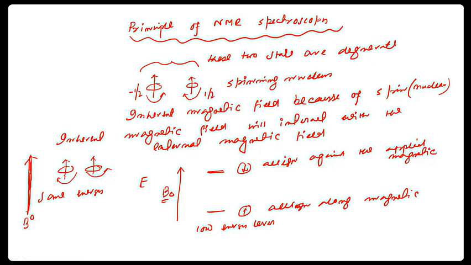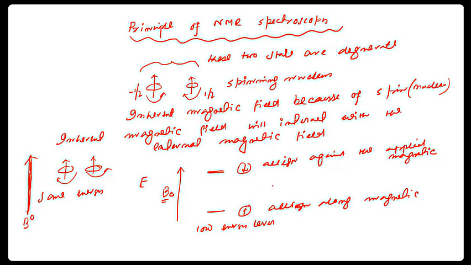Now, as we have applied a strong external magnetic field, the degeneracy breaks and they produce two energy levels. One aligns along the field, the other opposite to it.